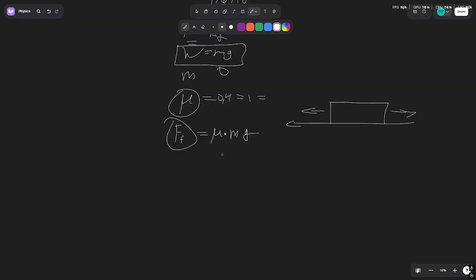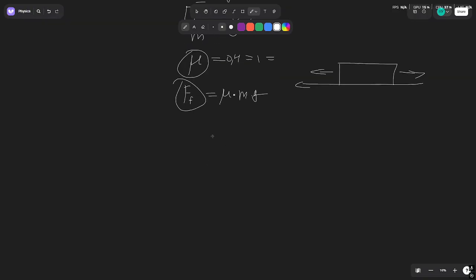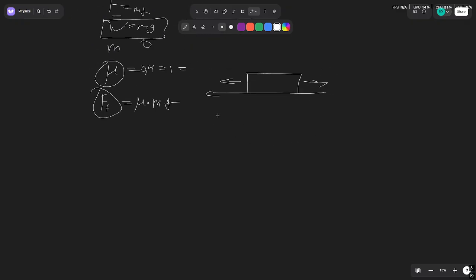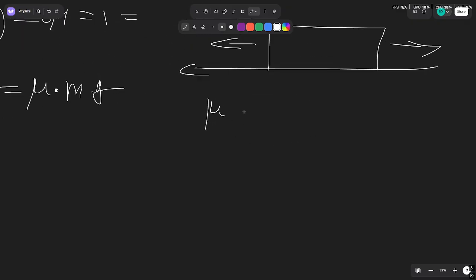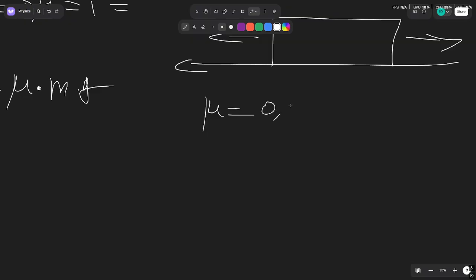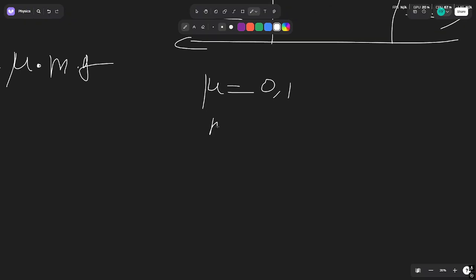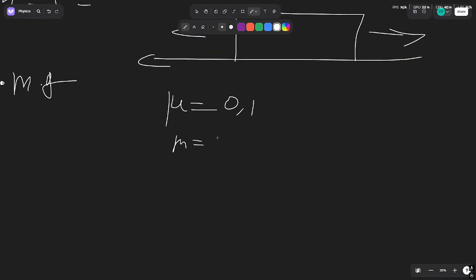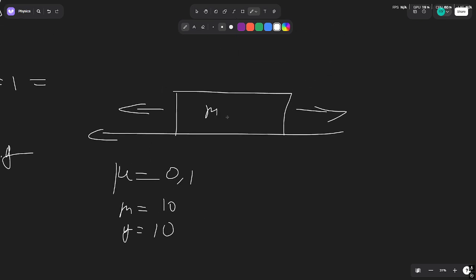And let's solve a really easy problem. We have a coefficient of friction of 0.1. We have a mass of 10, and g, we'll take it as 10. So this is the mass of the object, m equals 10.